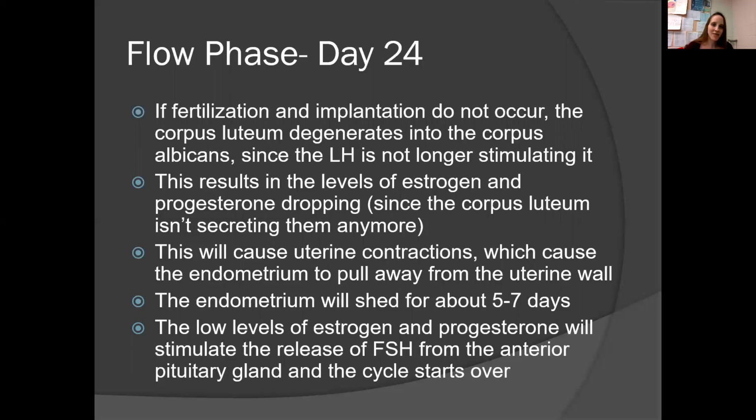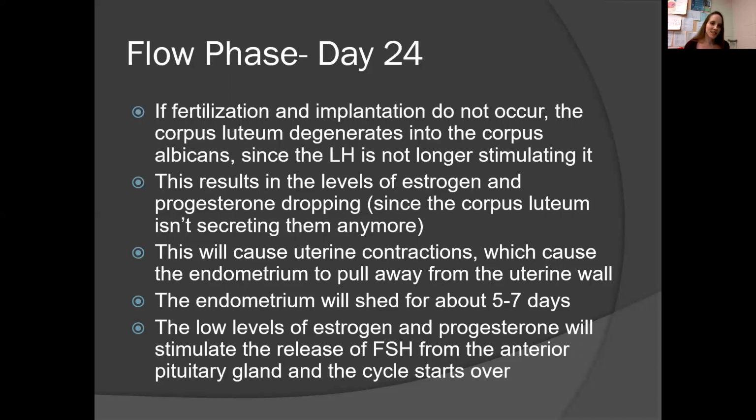Once the corpus luteum degenerates, the progesterone no longer gets released, and without the progesterone preventing uterine contractions, the uterus will start to contract. It is those uterine contractions that cause the endometrium to slowly shed off of the inside of the uterus.